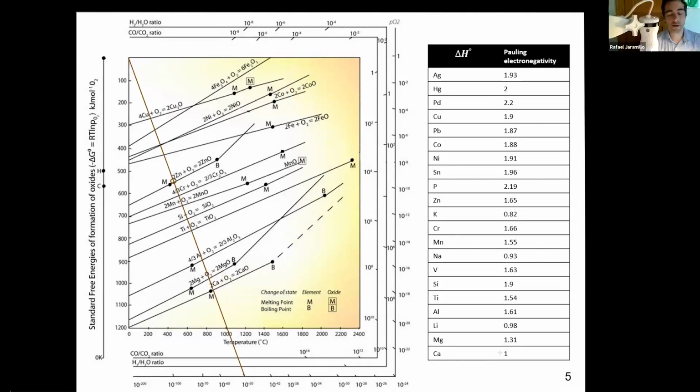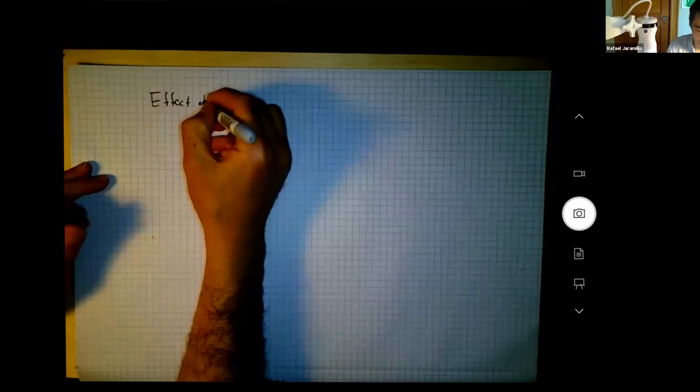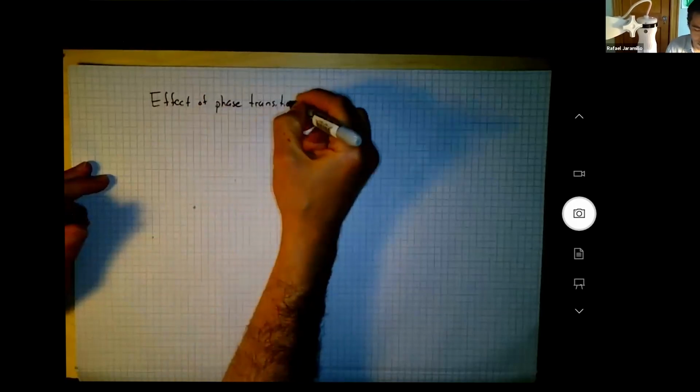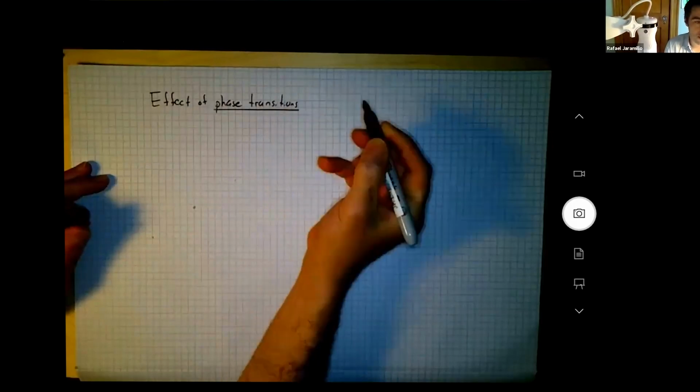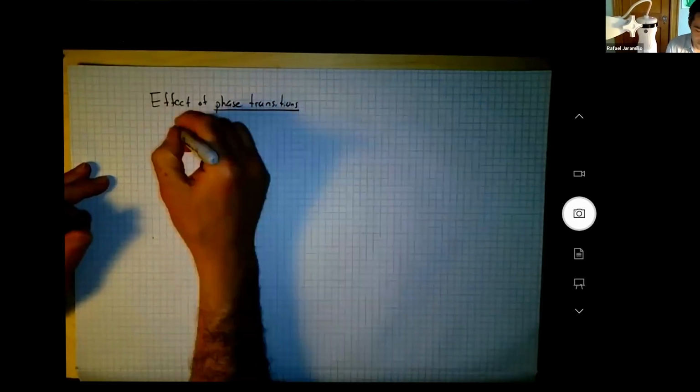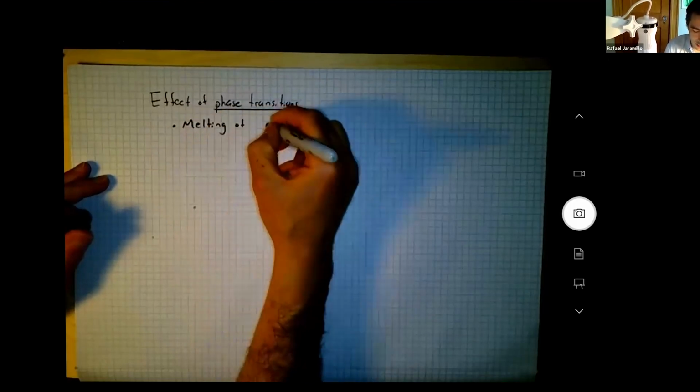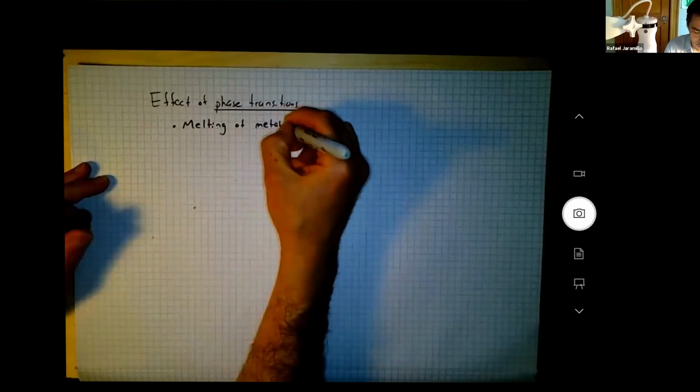Okay, so just some solid state chemistry here. There's one more thing I want to tell you about Ellingham diagrams, and that is the effect of phase transitions. So let's consider melting of a metal or its oxide.